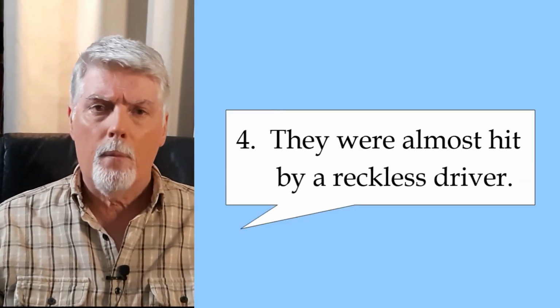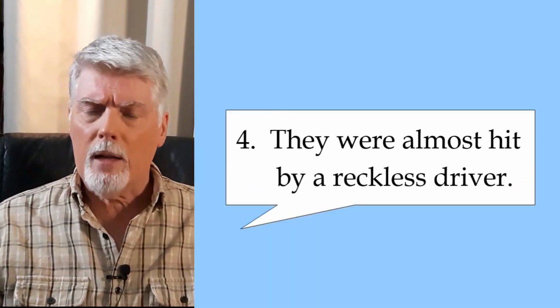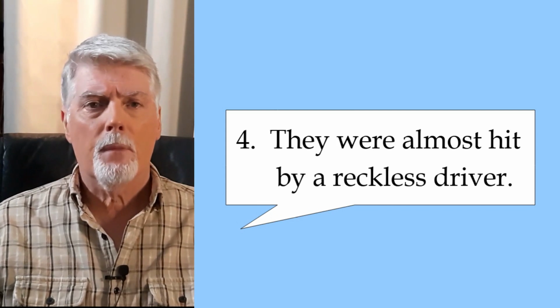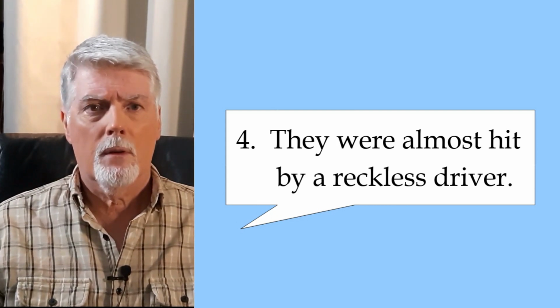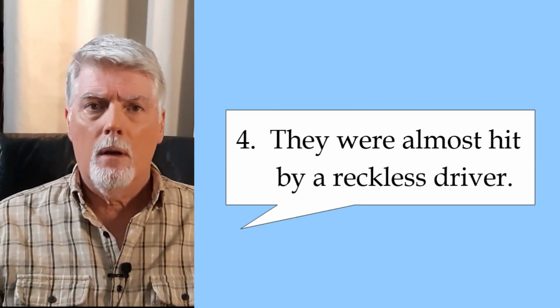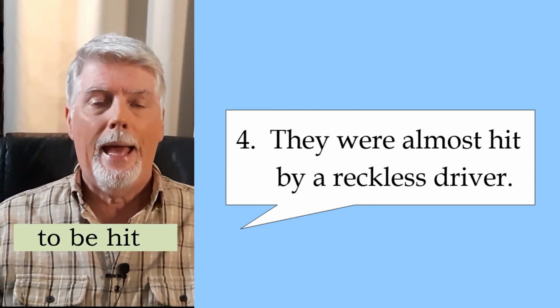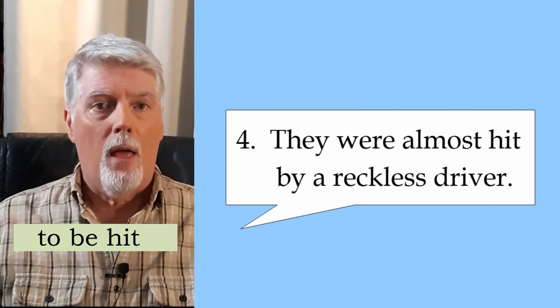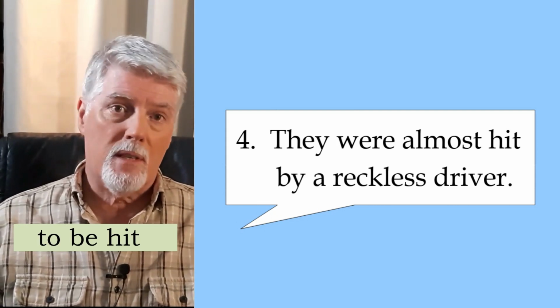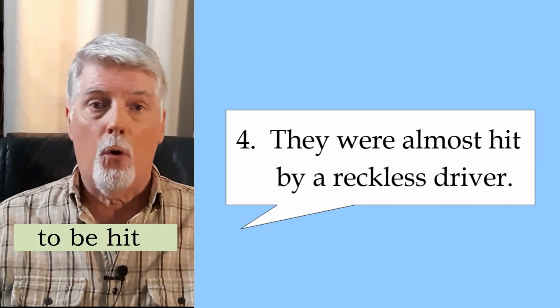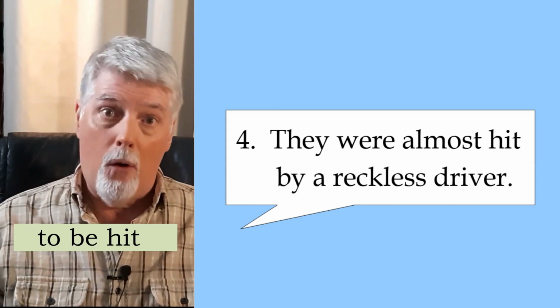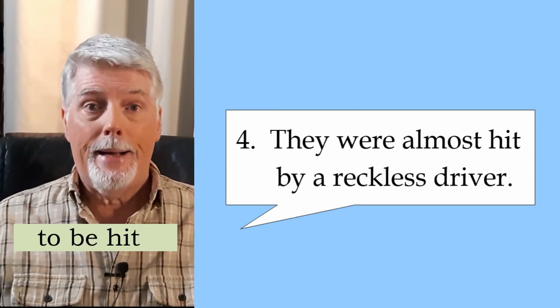Number 4. They were almost hit by a reckless driver. Repeat. Now here we have the expression to be hit. And in the past, they were hit, or if it was singular, he was hit, or she was hit, or it was hit.